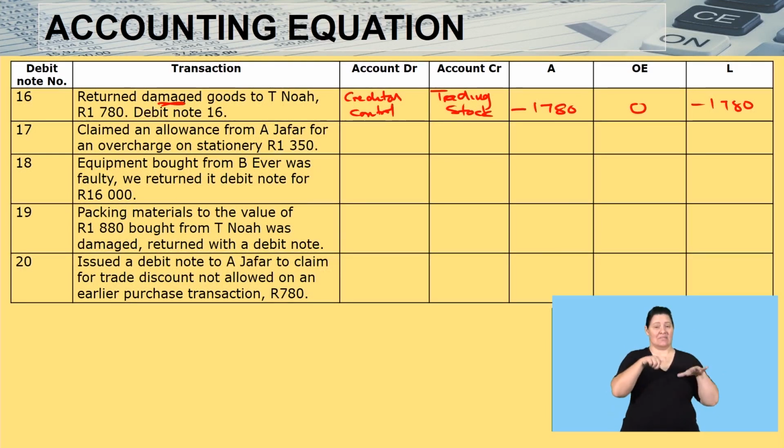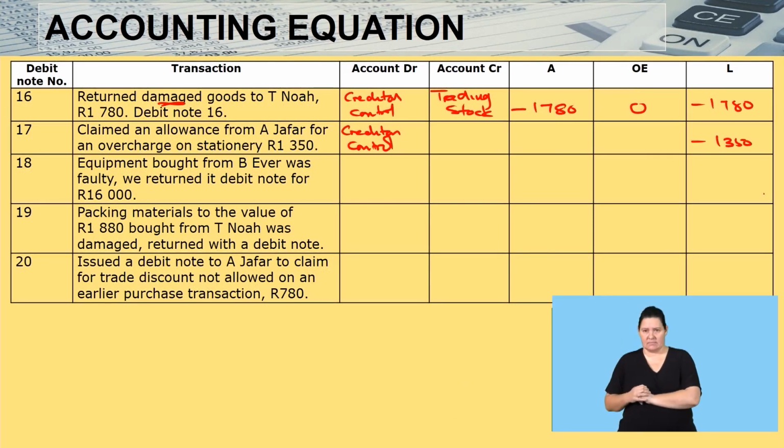On the 17th, we claimed an allowance from A Jaffa for an overcharge on stationery, 1,350. All right? So already we know which account do we debit? Creditors control. And once I debit creditors control, what happens to my liabilities? Decrease, minus 1,350. Which account is involved again?